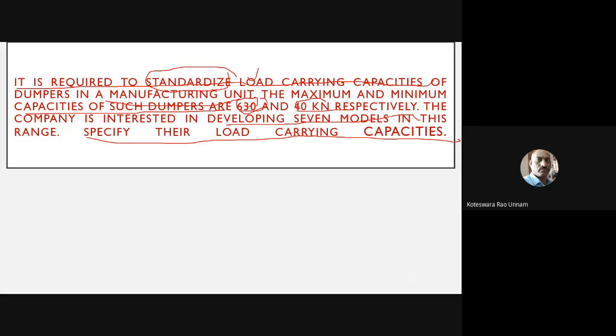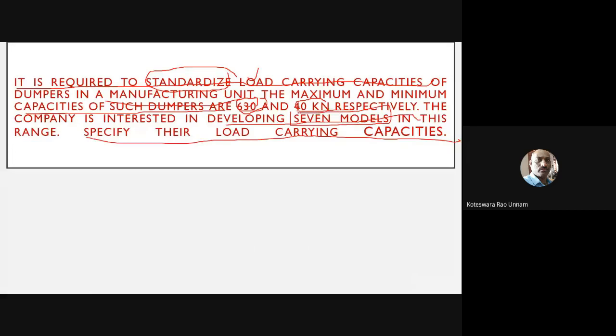Now how can I decide? It may come under the R5 series or R10 series, or for that matter R20, R40 or R80, I don't know. So how can I decide that? I can decide based on the number of models required within the range.